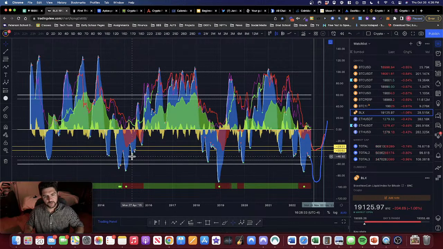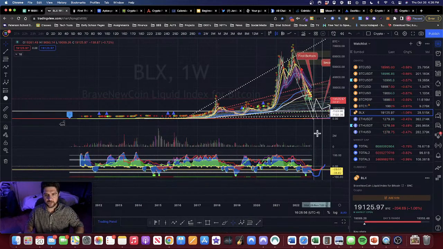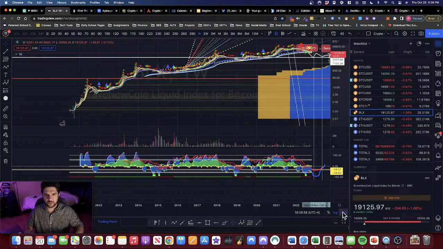Could we be here? May 2015. The money flow just doesn't look the same. It looks like you came out, you came up, and then you come back down. You came out, you've come back up, and now you're coming back down. When you look at the price action, switch it to log, I guess.